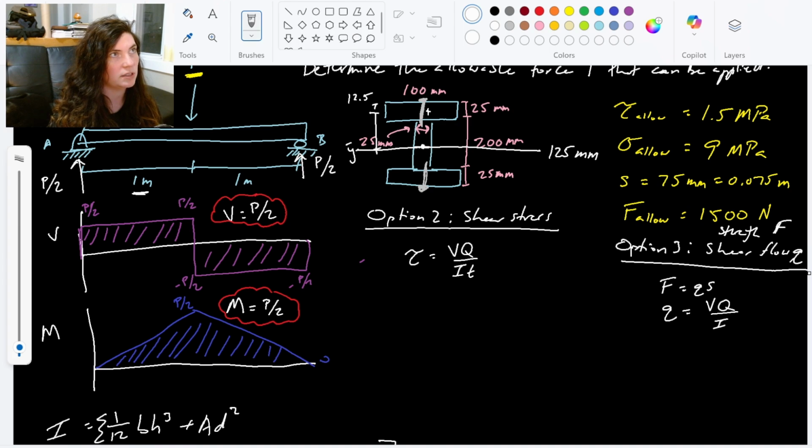That would be this line right here. T is going to be 25 millimeters. That's the thickness there at our neutral axis. So we just need the Q value. Again, the highest value of Q we can have is everything above the neutral axis.